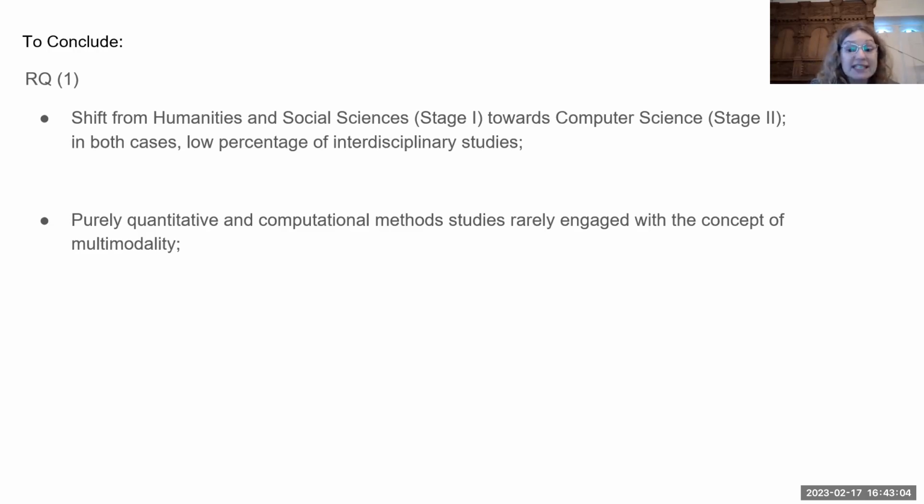What is the extent of interdisciplinary practices within the field? Studies which used purely quantitative and computational methods rarely explicitly engaged with the concept of multimodality and the roles that modalities play in disinformation and misinformation communication.